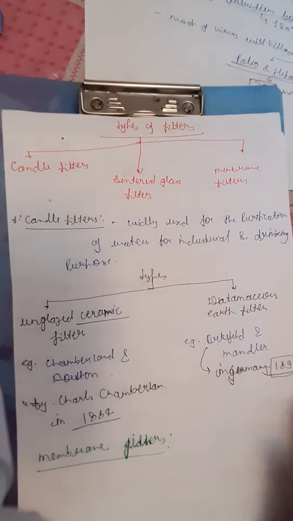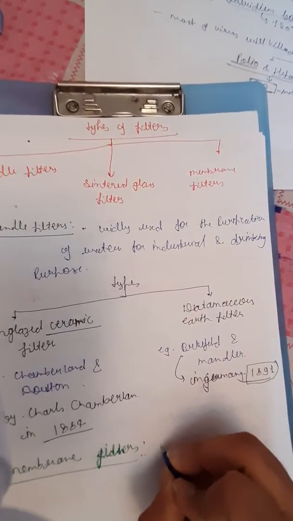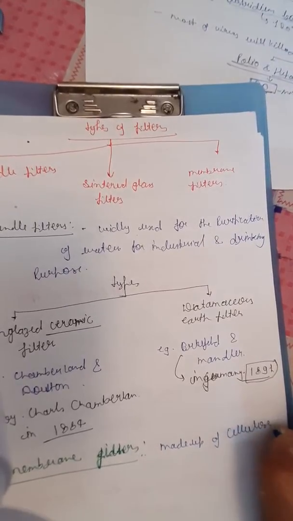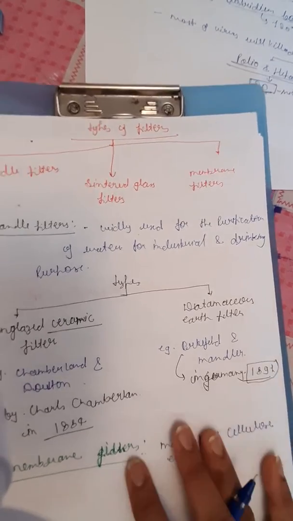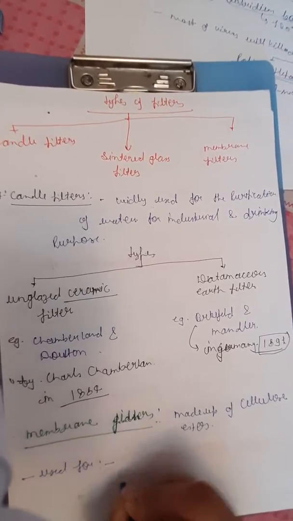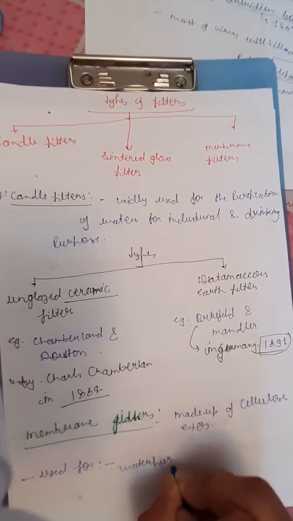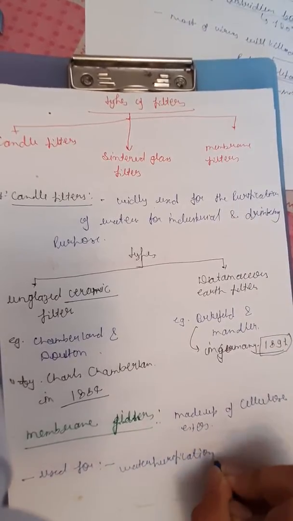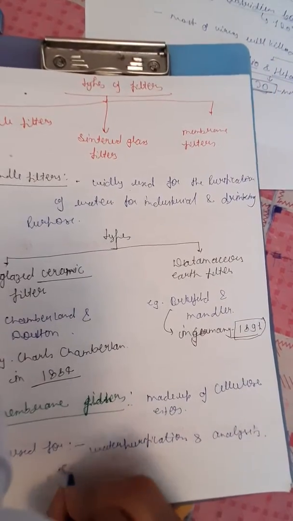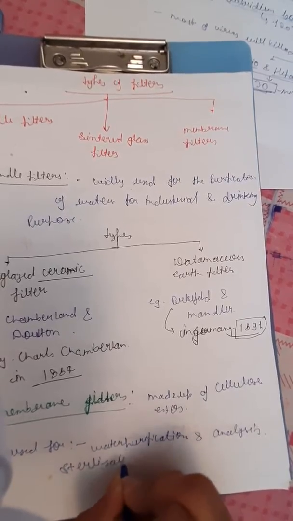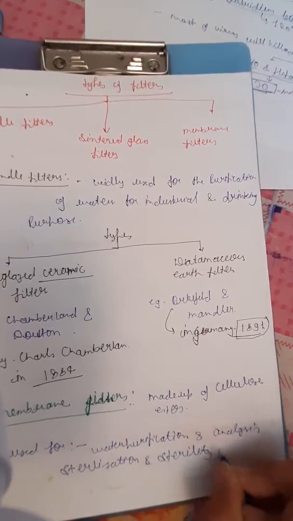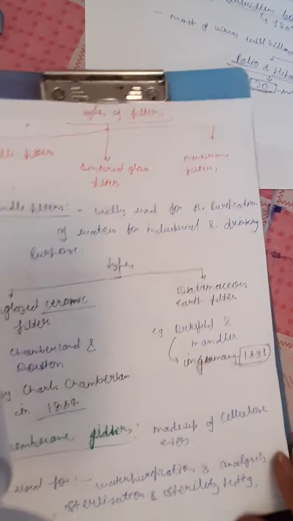Membrane filters are made up of cellulose esters, and used for water purification and analysis, sterilization, and sterility testing.